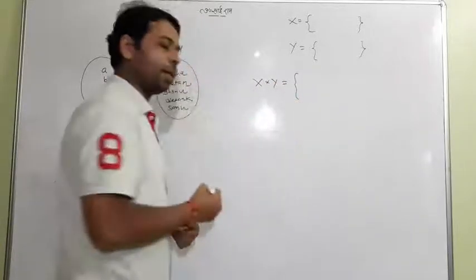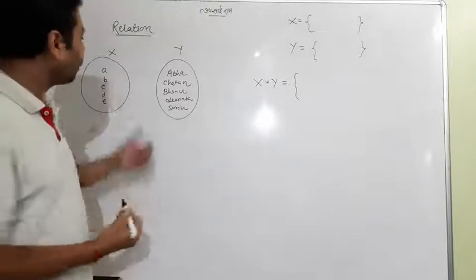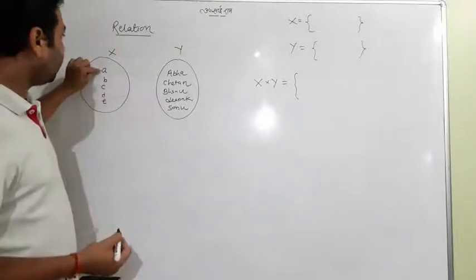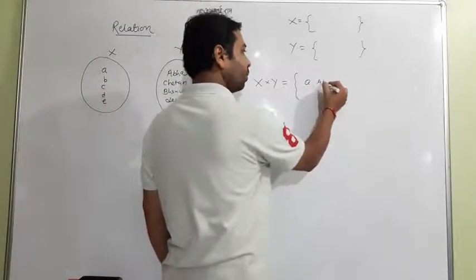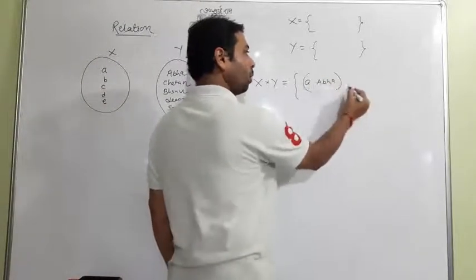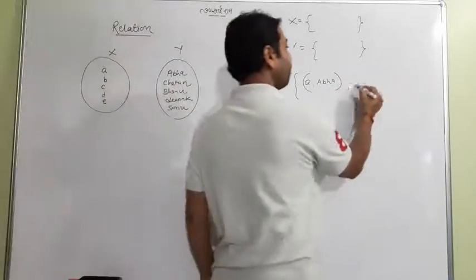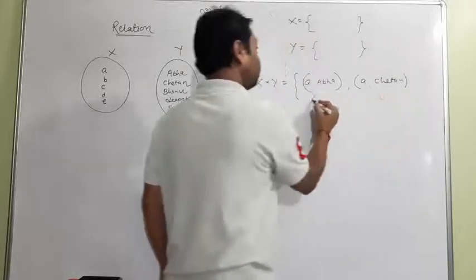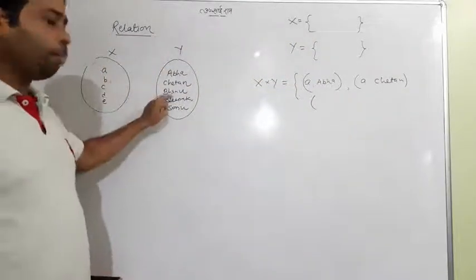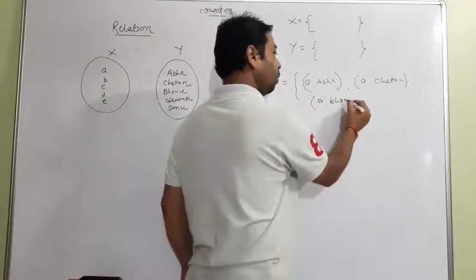X cross y. It's very simple. You know the Cartesian product. So how to find it? A, then Abha, one ordered pair. A, Chetan, second ordered pair. A, Bhanu, third ordered pair.